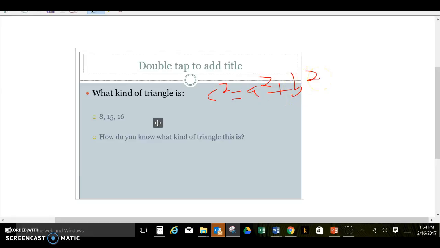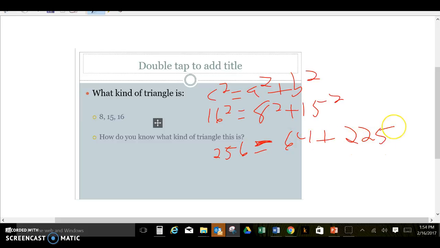So then now we're going to plug in, well, obviously c is 16, so we go 16 squared equals 8 squared plus 15 squared. So now I multiply those out. I get 256 equals 64 plus 225.